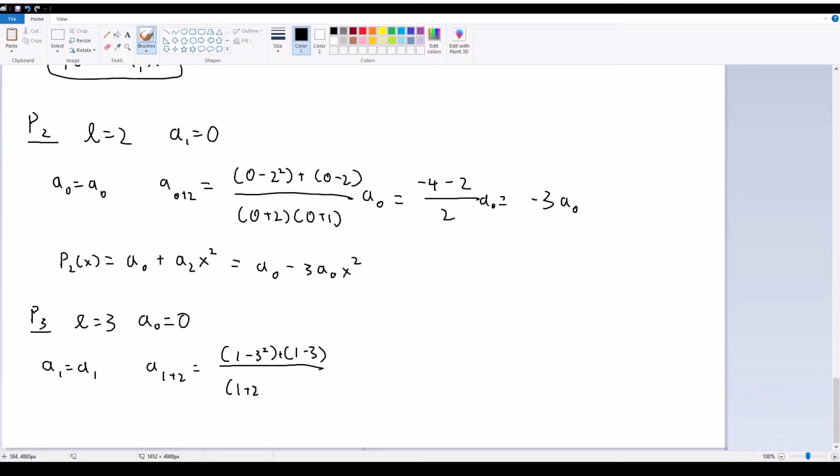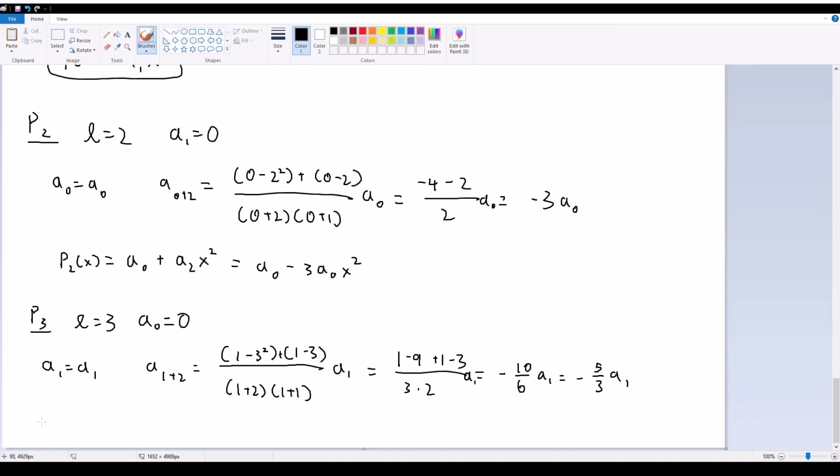So 1 plus 2, 1 plus 1, and then multiplied by A1. So this is going to give us 1 minus 9 plus 1 minus 3 divided by 3 times 2. Is that correct? Minus 9 plus 1 minus 3. Yeah, so that's 2 minus 12, or negative 10 over 6. And let's not forget the A1s. Is equal to negative 5 over 3 times A1.